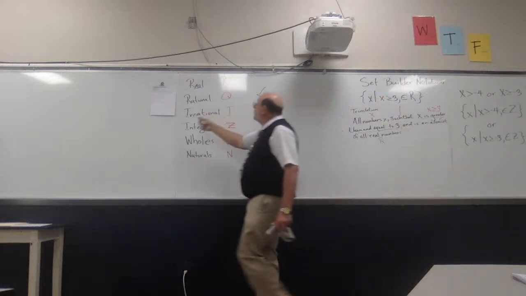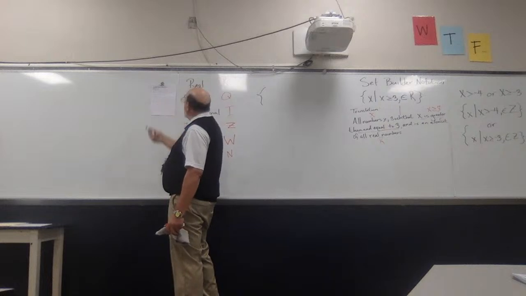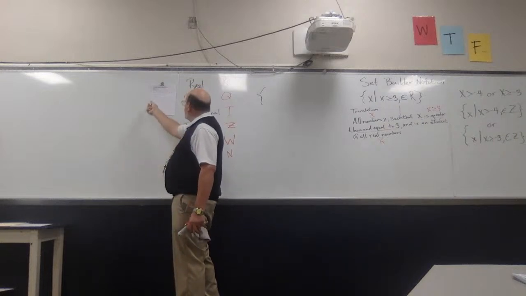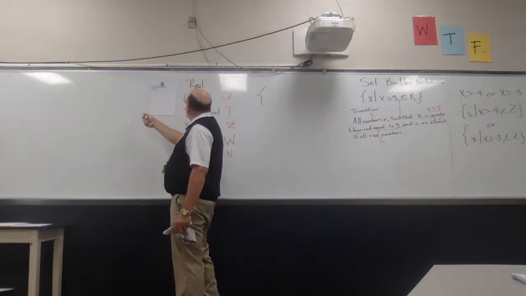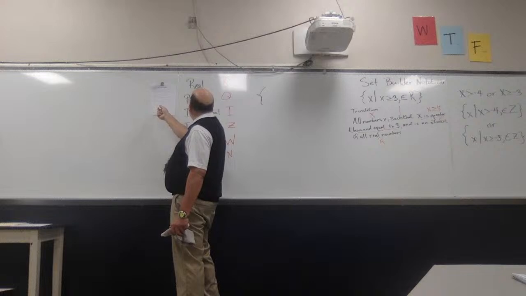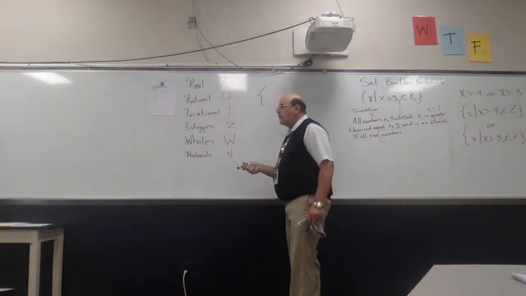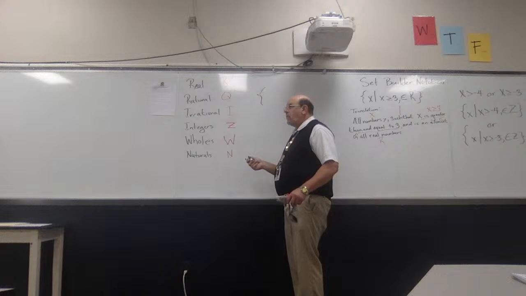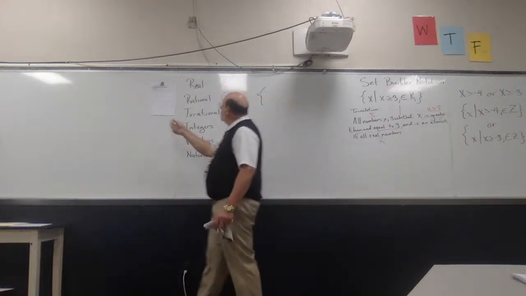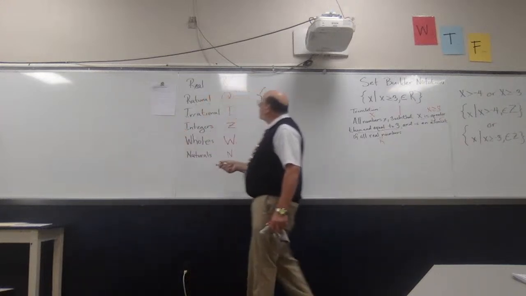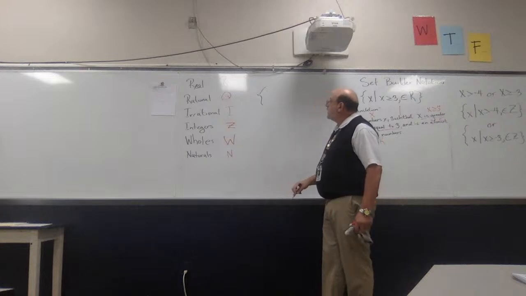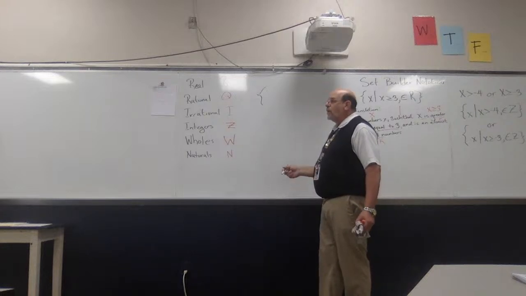So I wouldn't use interval notation for number 4, but I could use interval notation for 2, 3, and 6, as well as 5, everything greater than 1. I could if I wanted to show it.